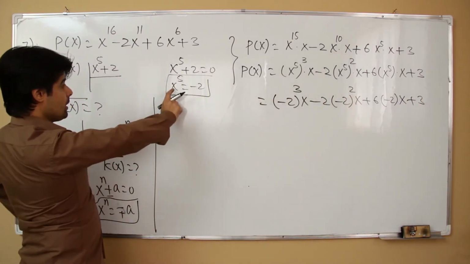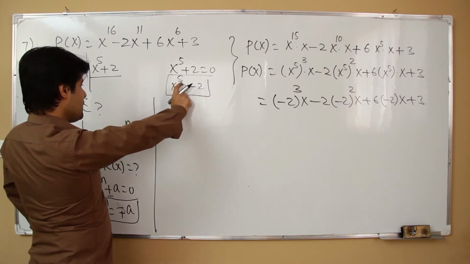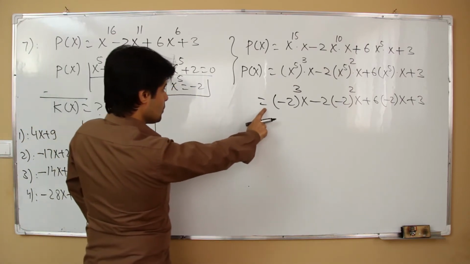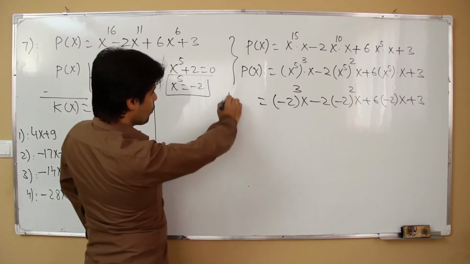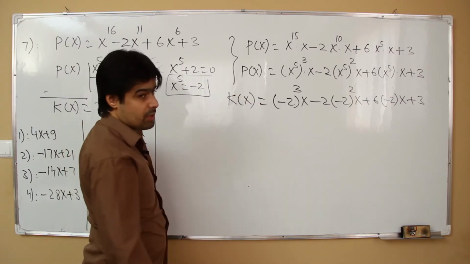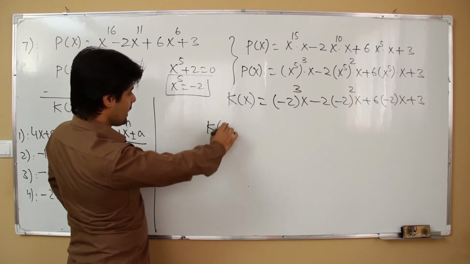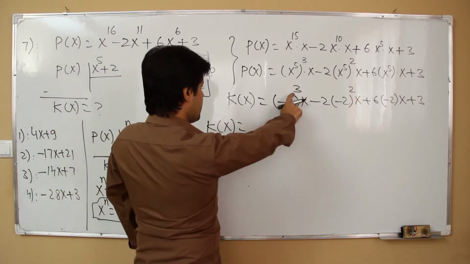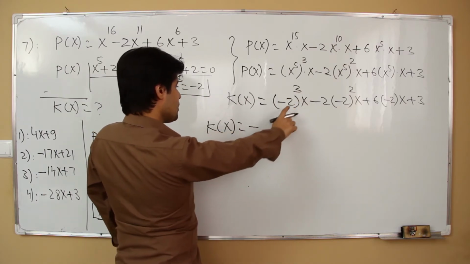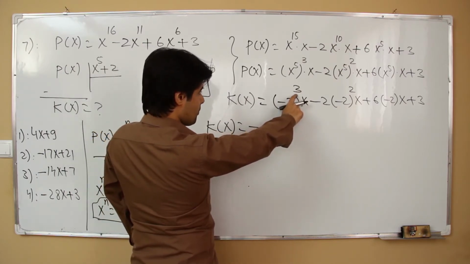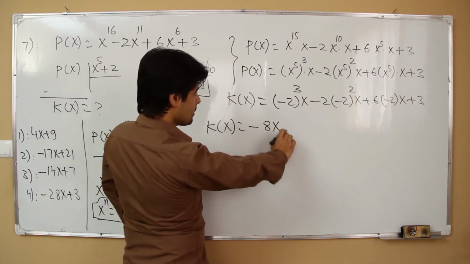Whenever you put a constant number instead of x to the power n, this statement would be Kx, I mean the remainder. Then Kx, or the remainder: minus raised to an odd power is minus, so minus 2 raised to the power 3 is minus 8x.